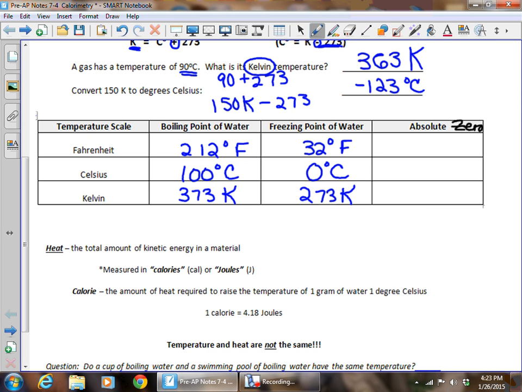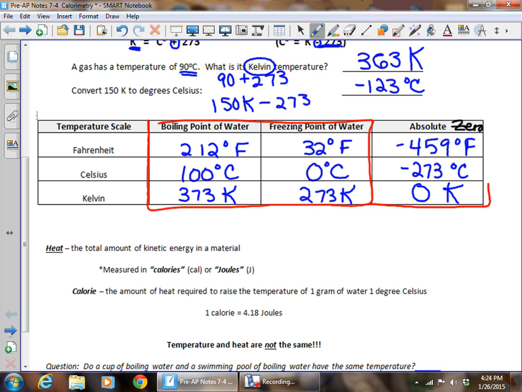For absolute zero, it's 0 kelvins, which subtract off 273, and we get negative 273 degrees Celsius. That's a whopping 459 degrees below zero in Fahrenheit. Those are the values I want you to be familiar with, and I want you to know that 0 kelvins is absolute zero as well.